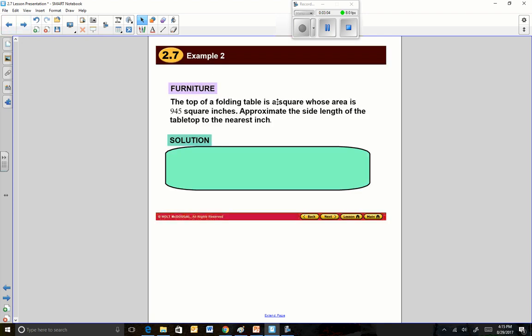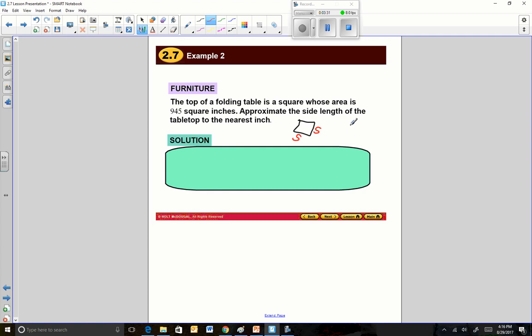The top of a folding table is a square whose area is 945 square inches. Approximate the side length of the tabletop to the nearest inch. Well, if we're looking at a square, and I'm trying to draw with this, so sorry it doesn't look so nice. You're supposed to get the area by multiplying this side by this side.